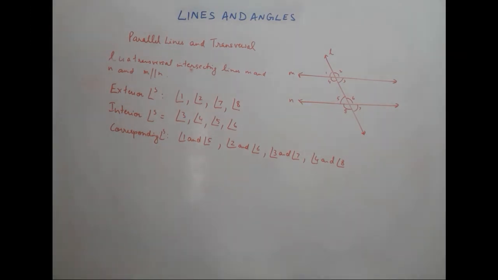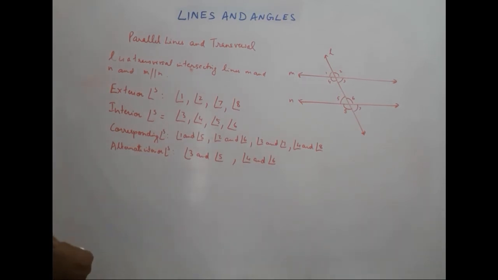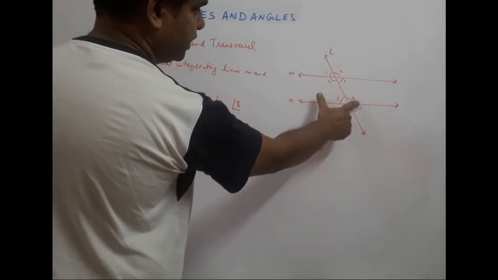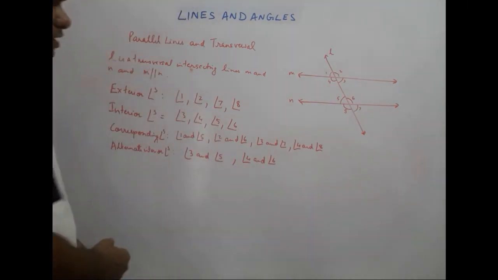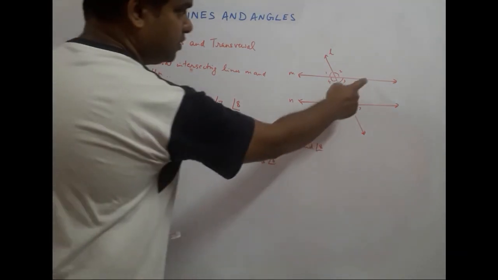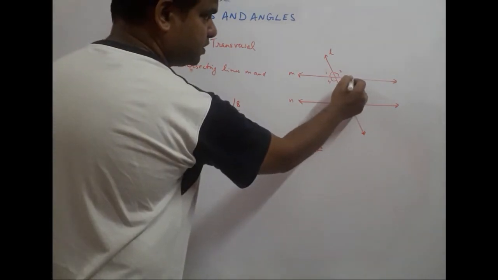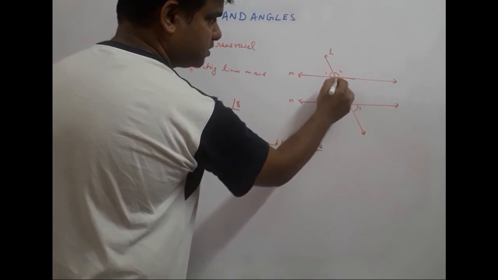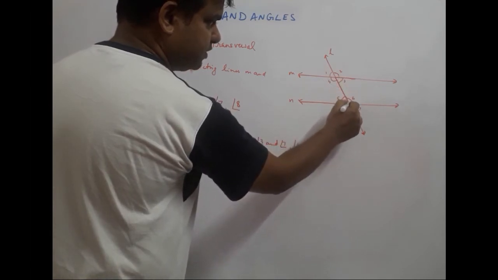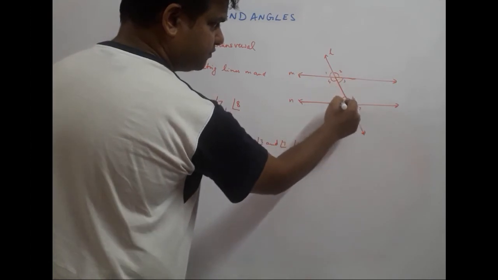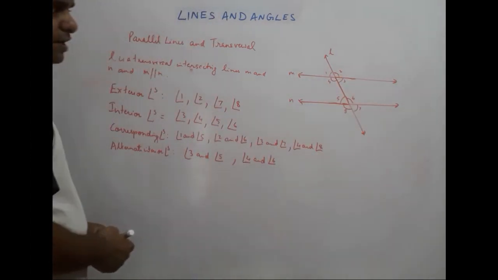Next we have alternate interior angles. So you have angle 3 and angle 5, angle 4 and angle 6. Alternate usually comes in Z fashion. If you have a look, this will form a Z in the reverse fashion, and the angles that are formed inside are alternate interior angles.